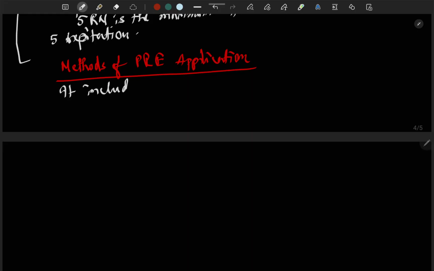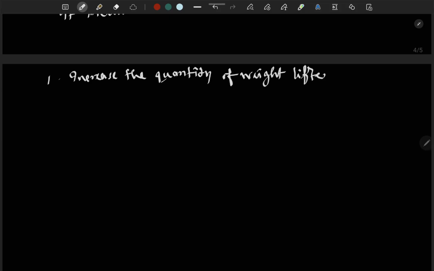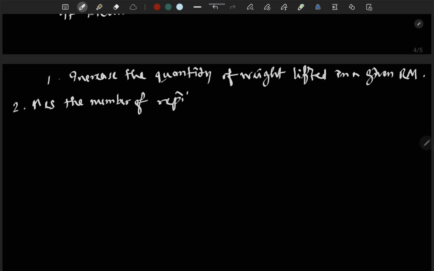It includes: number 1, increase the quantity of weight lifted in a given RM; number 2, increase the number of repetitions in a set.